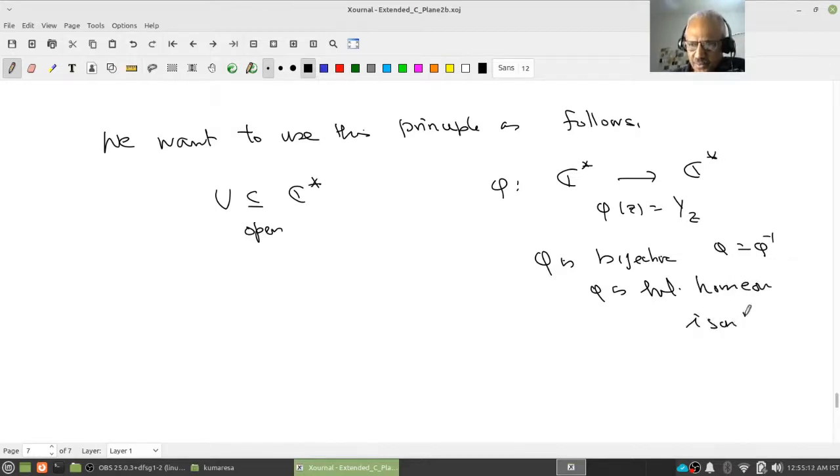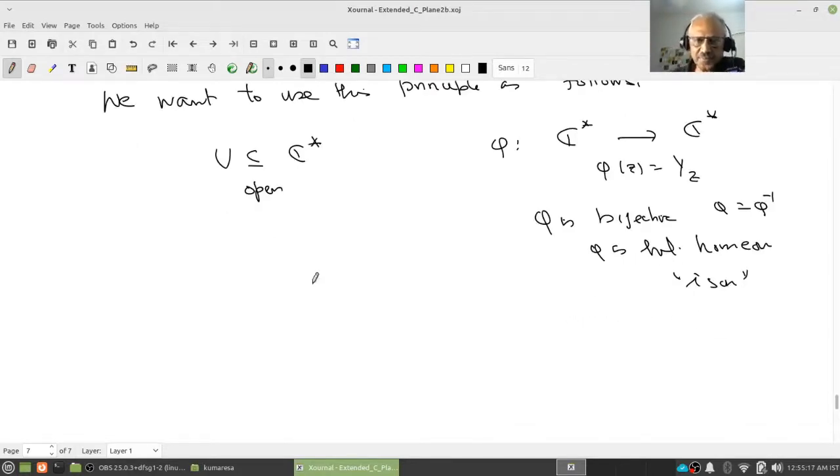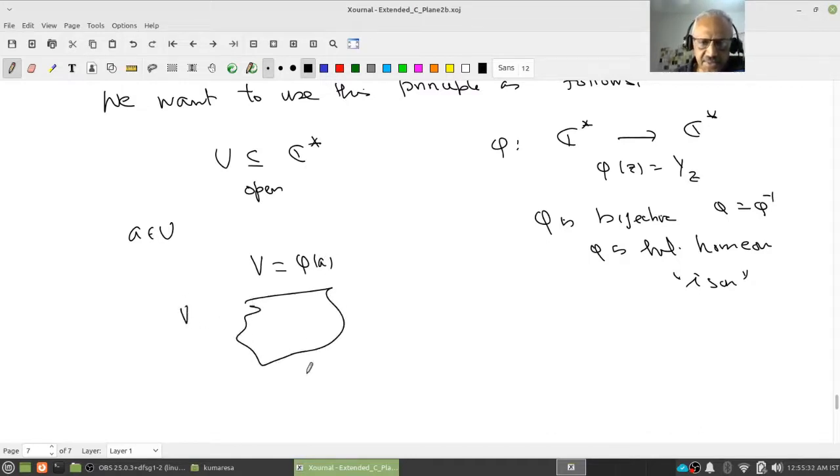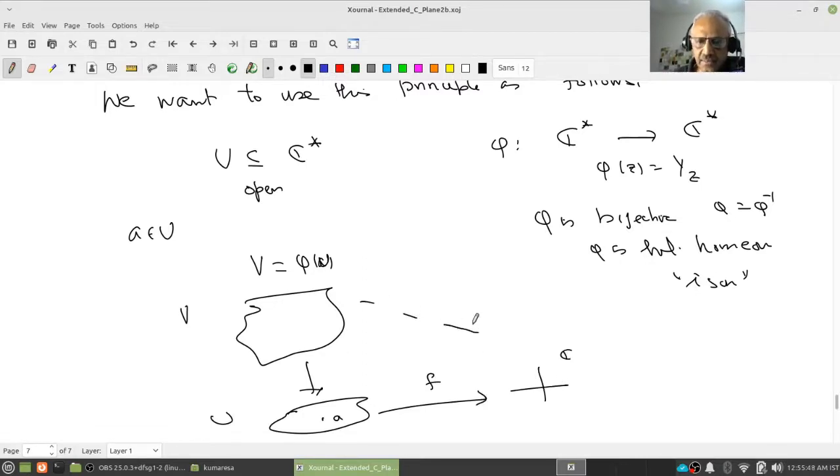Simply call it an isomorphism so that it will be easier. Now suppose I have a point a in U. Let b be equal to phi of a. This is my b in C star, and this is my U again in C star, and phi of U. I have point a, f to C, and then I have the composite.